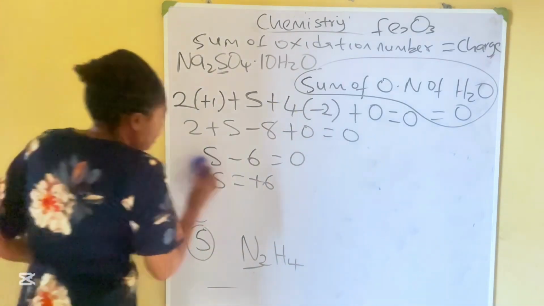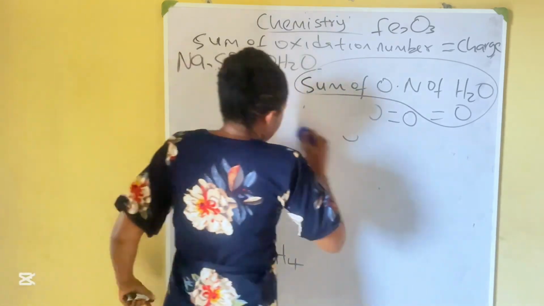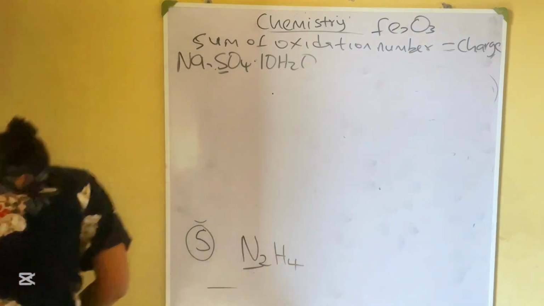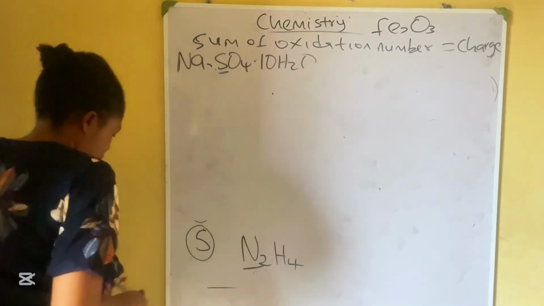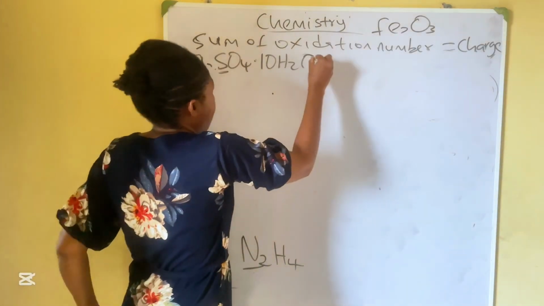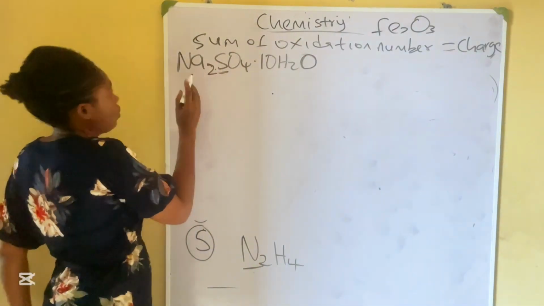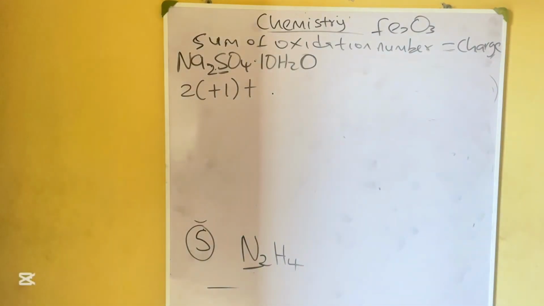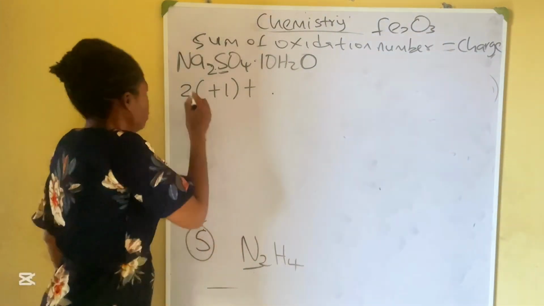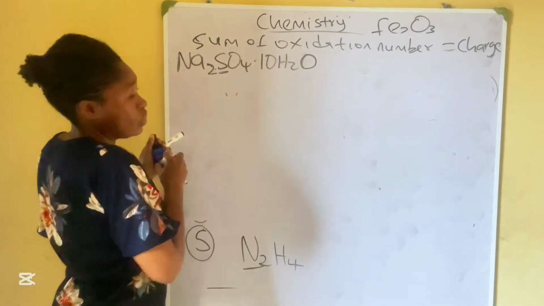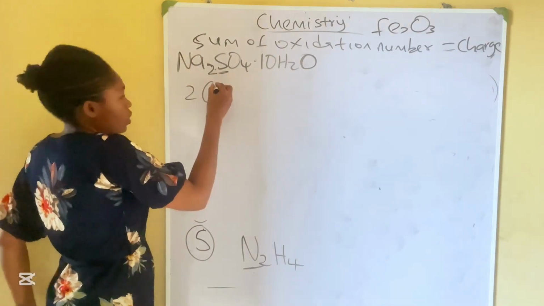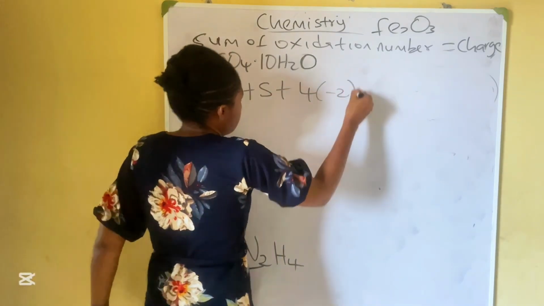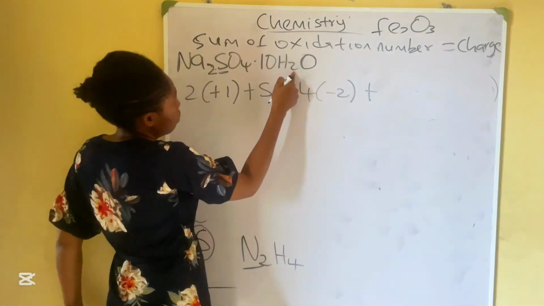Okay, let's do the other method. I have 2 atoms of sodium, with oxidation number plus 1, so 2 times plus 1, plus S, plus 4 times minus 2, plus 10 times 2 is what? 20.